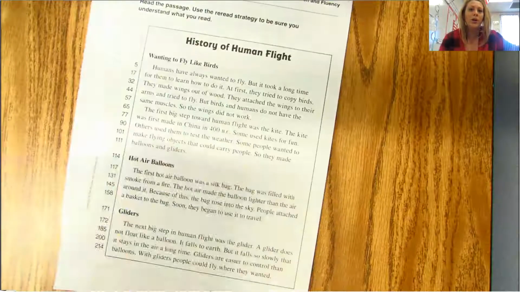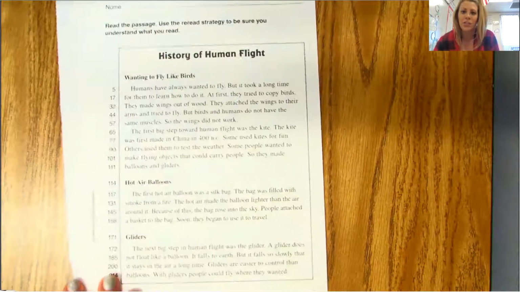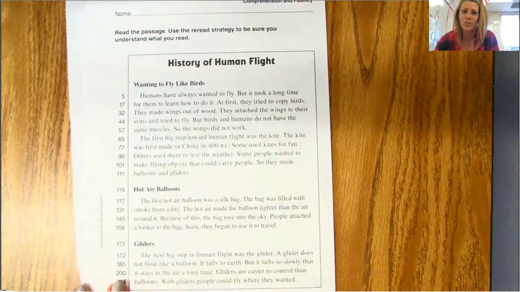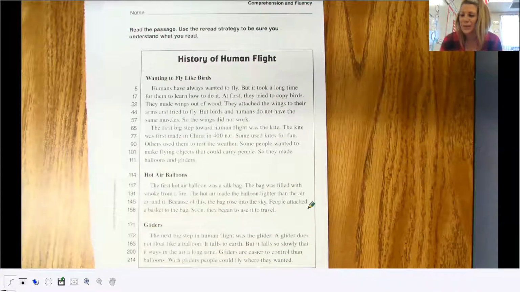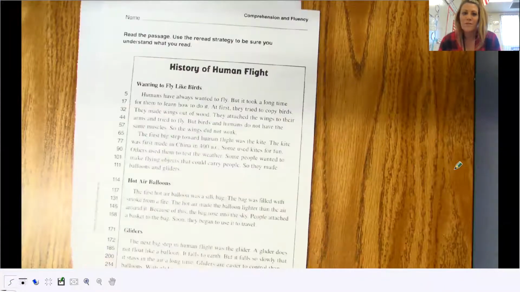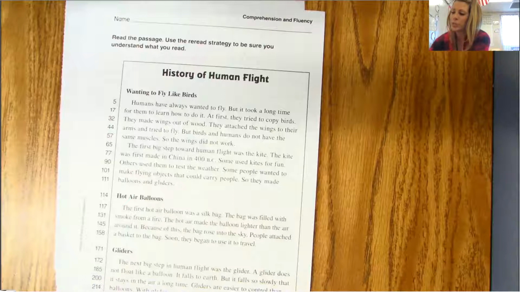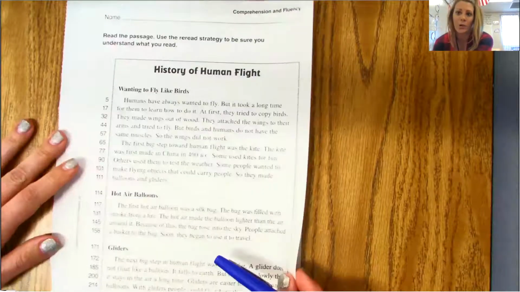All right, so we are going to read a nonfiction text today, History of Human Flight, and we are looking for those cause and effect relationships. So here we go. The first thing we want to make sure we do is we want to make sure that we number our paragraphs.